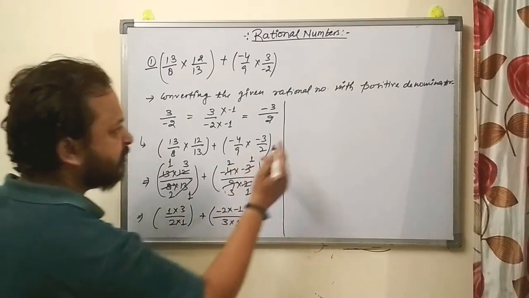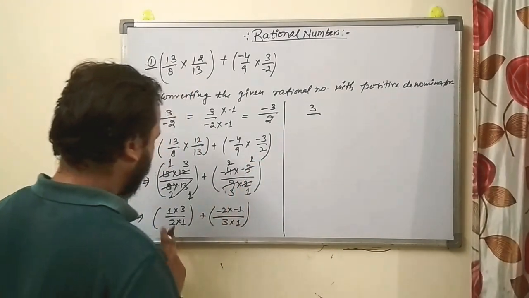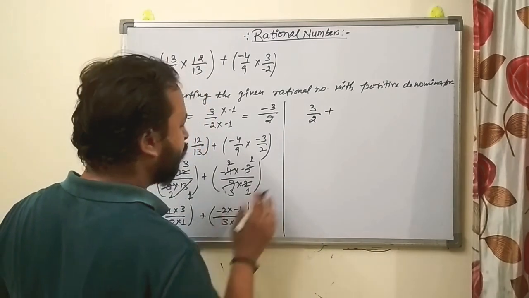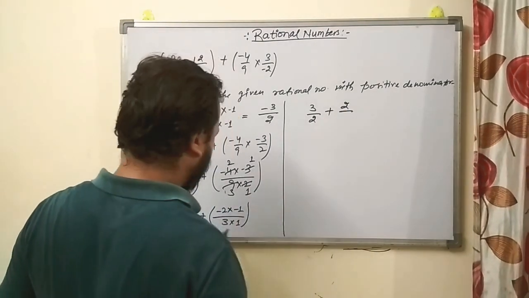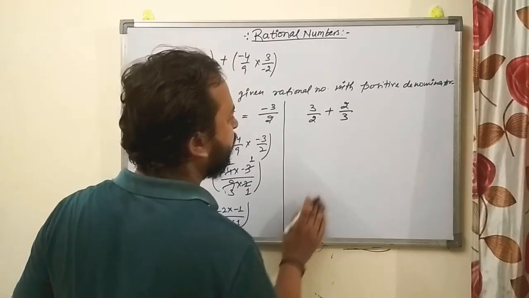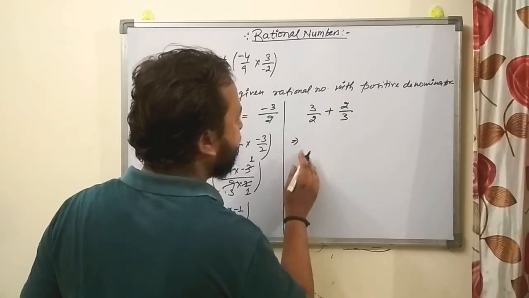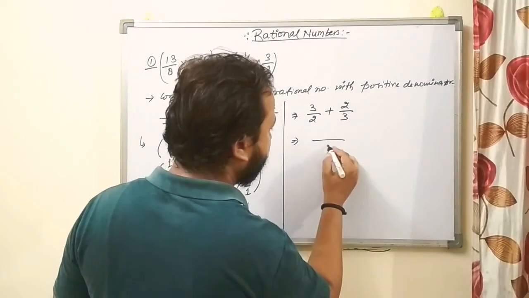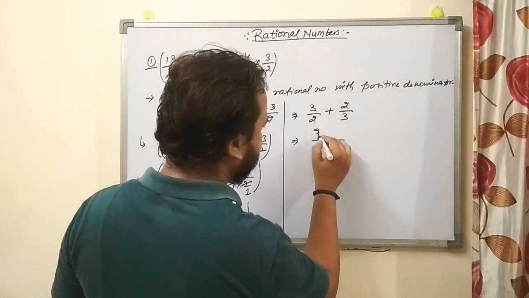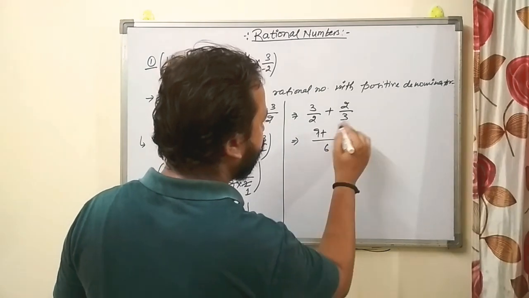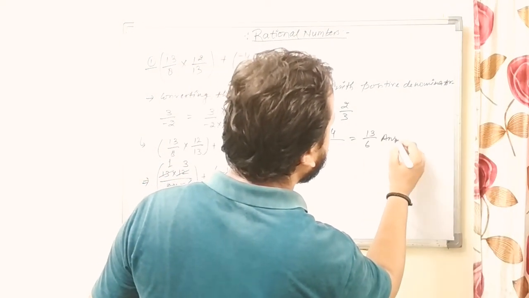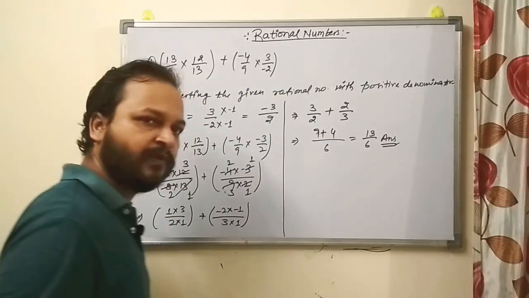So 1 into 3 is 3 by 2 into 1 is 2 plus minus 2 into minus 1 is 2 and 3 into 1 is 3. Just take the LCM of 2 and 3, that is 6. 2 threes are 6, so 3 threes are 9, 3 twos are 6, so 2 twos are 4. That is 13 by 6 and that is the answer.